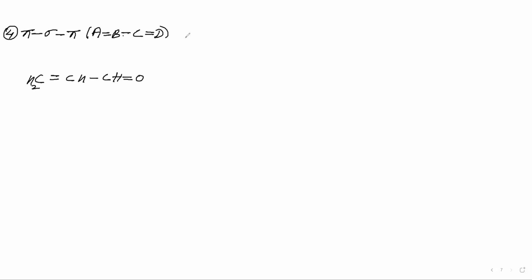Now, how to move electrons here? What do you think? I guess from CH. Like this. Wait a second. This is an aldehyde group, if you can see. Aldehyde is carbon which is bonded to oxygen.